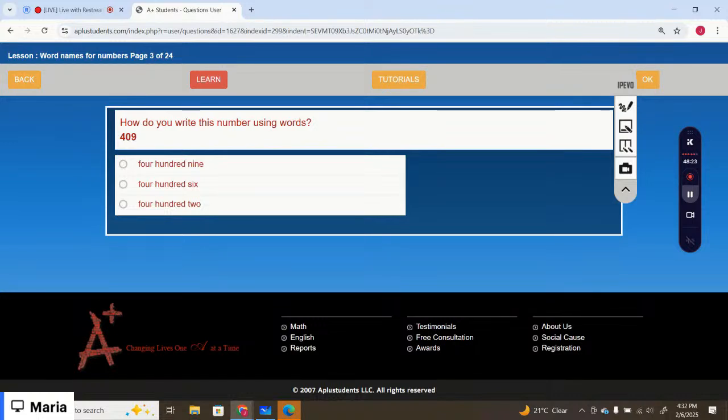How do you write this number using words? 409. So, which is the correct option?